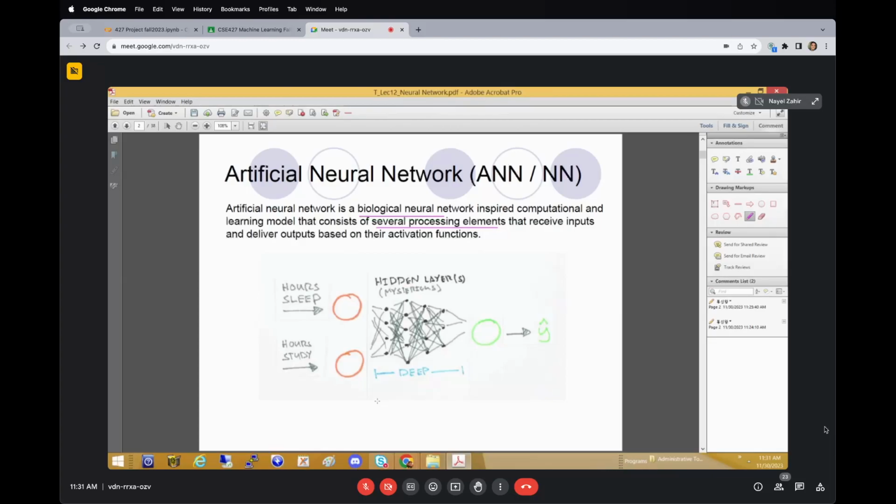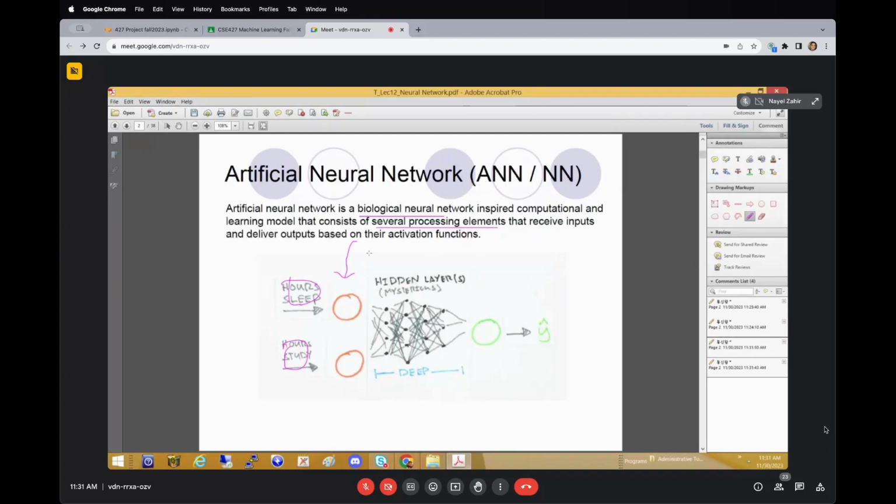Then at first we need to think about how many features there are. Here we can see two features: one is hours of sleep and another is hours of study. Based on that, we have to select the number of neurons in our input layer.